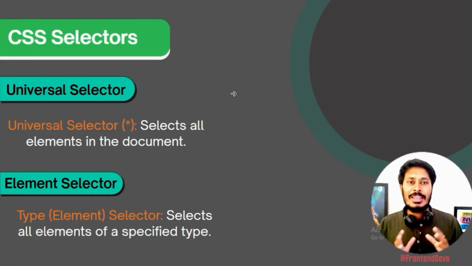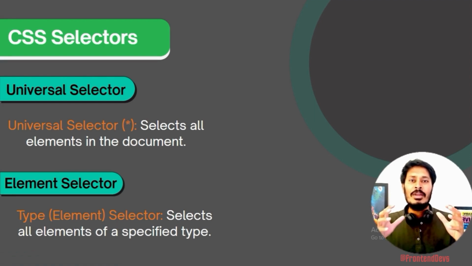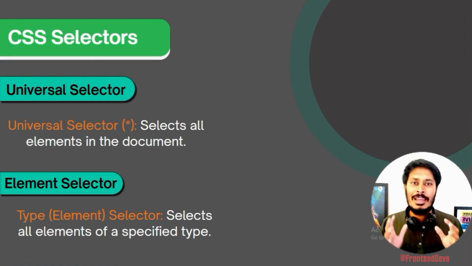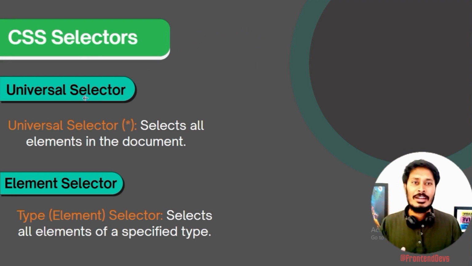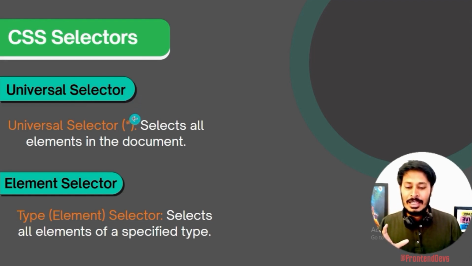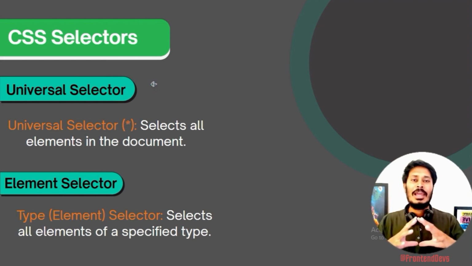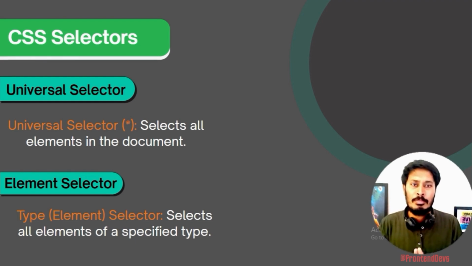When we talk about CSS selectors, those are used to add some styling on HTML elements. And the first selector is the universal selector. When we talk about the universal selector, we basically indicate that by using star, and it is used to apply the same styling on all the elements of our web page.